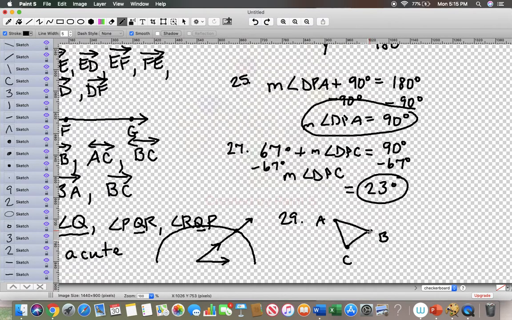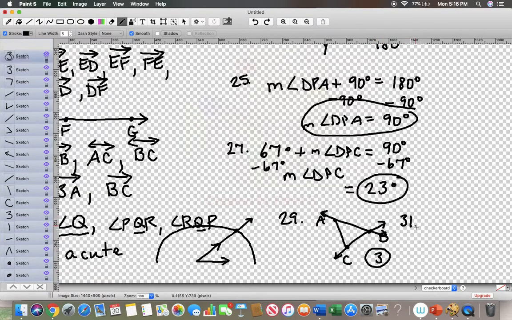Is there anywhere else that I can take a point and draw a line to? Technically, if we're drawing lines, these are going to be extending out. But are there any more lines I can connect between 2 points without it being on the same line? No, there's not. Number 29, I can draw 3 lines.